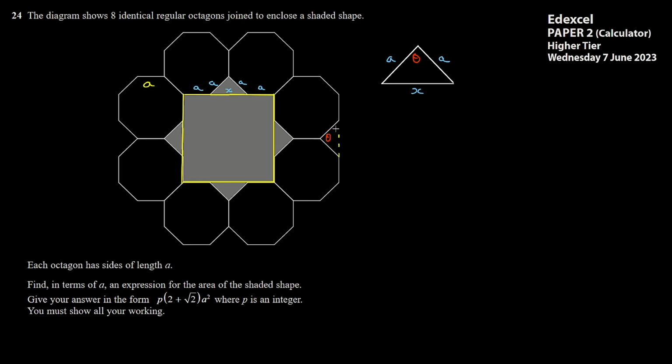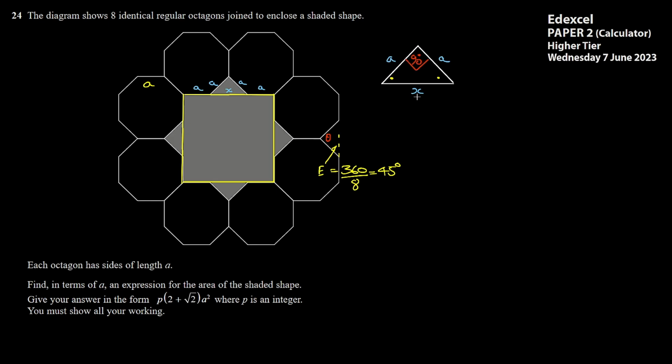And the two other angles of this triangle, which is the same as our triangle, are the exterior angle of a polygon, and that is equal to 360 divided by 8, which is equal to 45 degrees. So if these two are 45, the top angle must be 90.